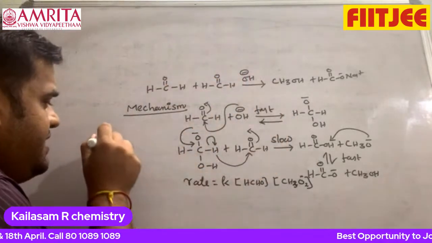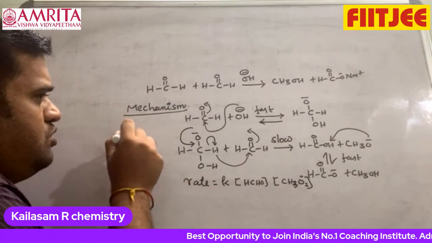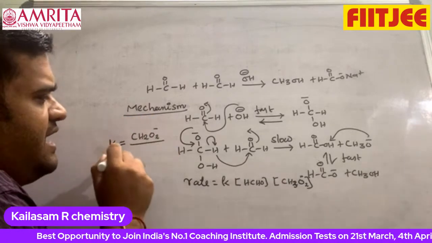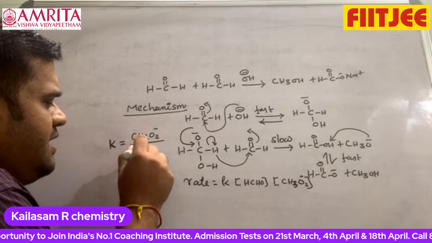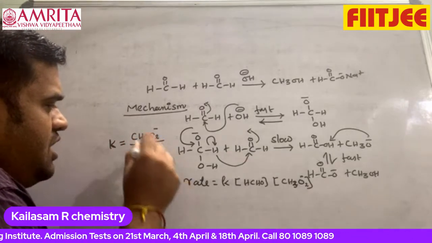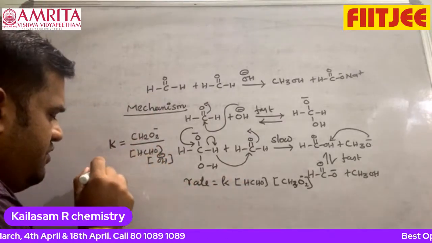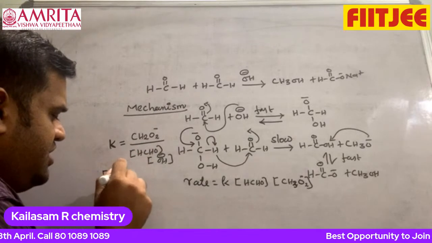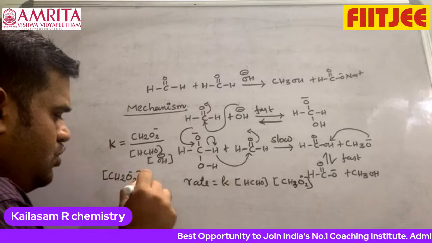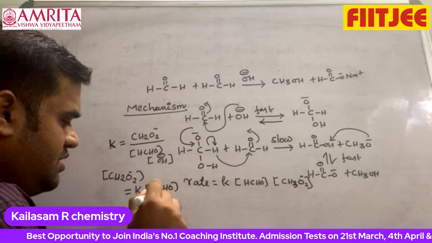That means I can write the equilibrium constant K, which is equal to [CH2O2 minus] over [HCHO][OH minus]. Now, taking that side, in place of the concentration of CH2O2 minus I can write K into [HCHO][OH minus].